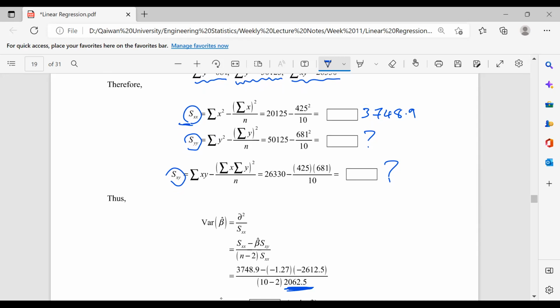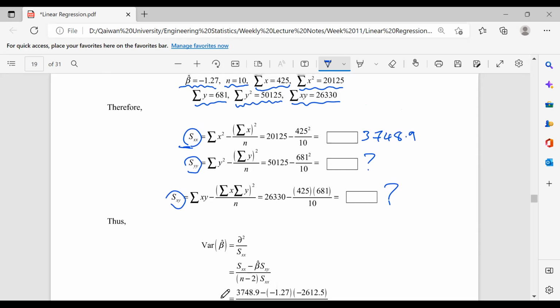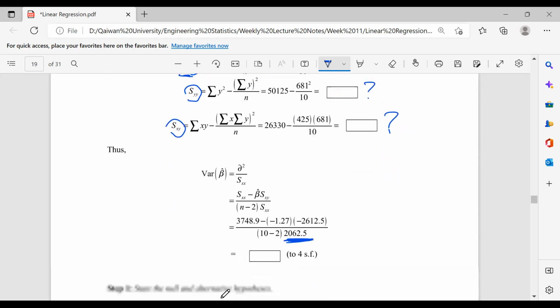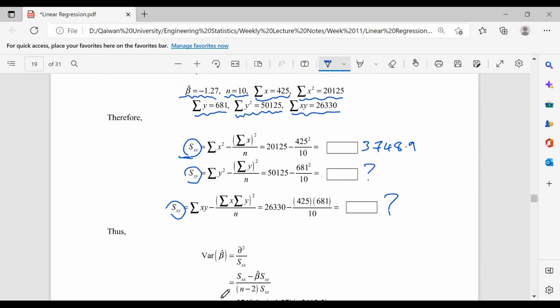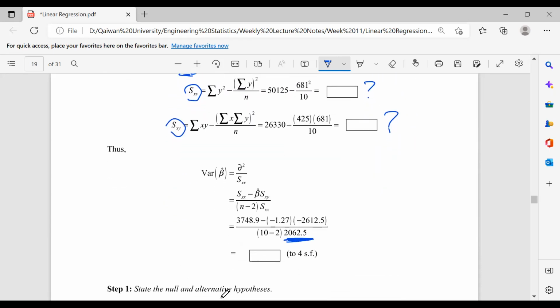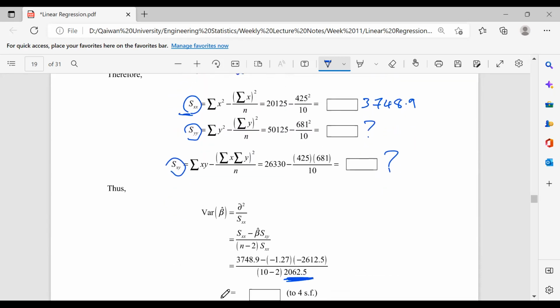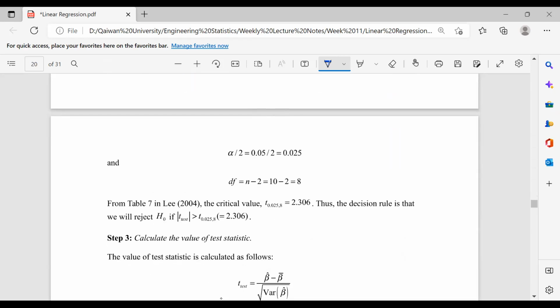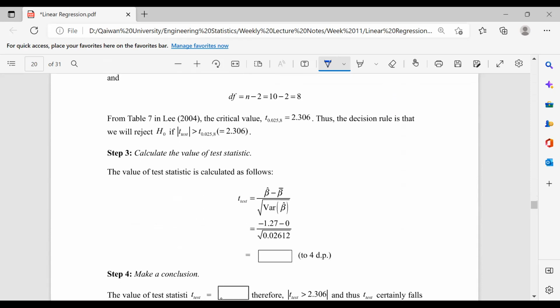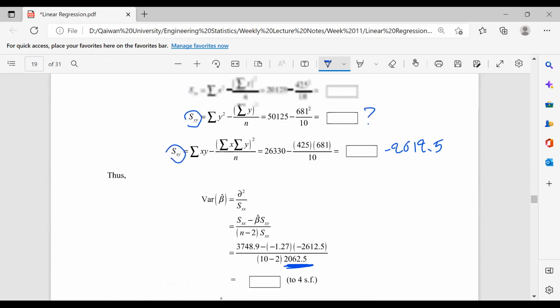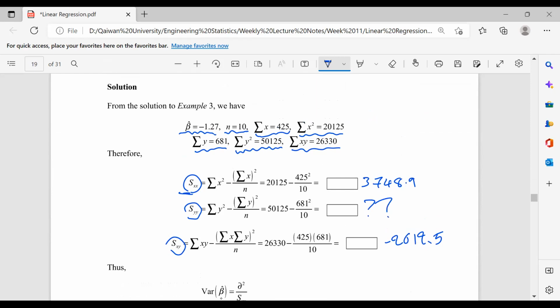And we also have s sub xy and s sub yy. This is s sub xy, which is minus 2612.5. And s sub yy, I don't know, it's not written down here, but you should have s sub yy also.